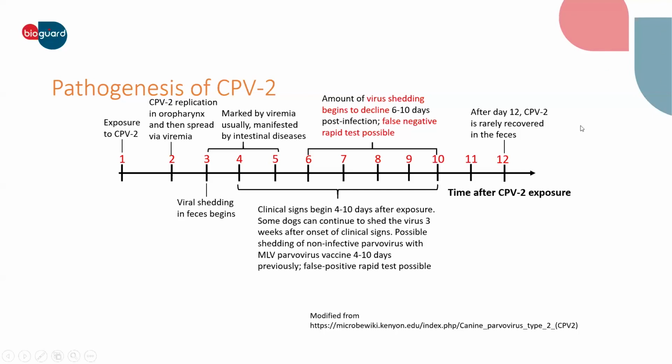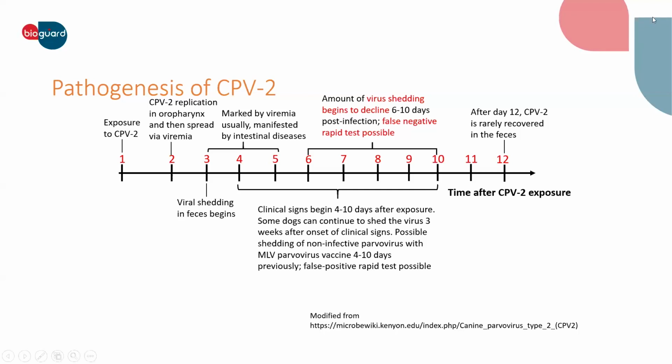And sometimes even in severe infection, because both CPV and FPV infect the crypts of the small intestine, when those crypt cells are destroyed, there won't be any highly active dividing epithelial cells for the virus to replicate. As a result, the shedding would decrease.